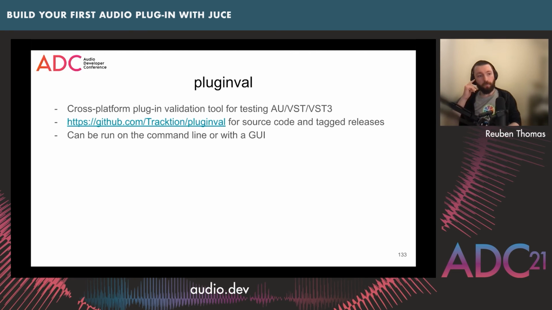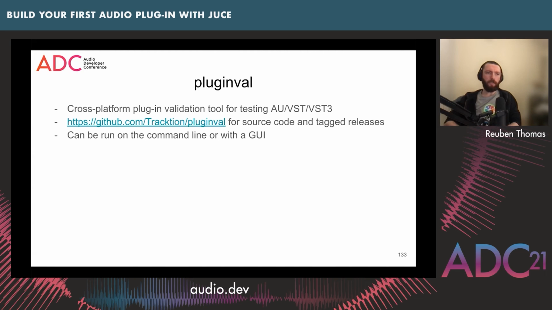It's also open source, which means that you can see exactly how each test works, which is really useful when tracking down particular issues, because it means that you can see both the hosting side and the plugin side, and it just makes it a bit clearer what's going on.